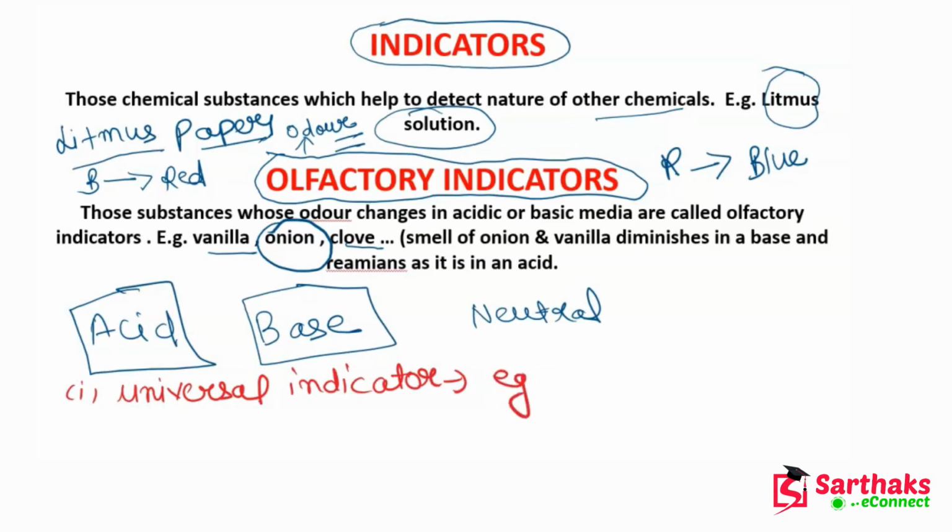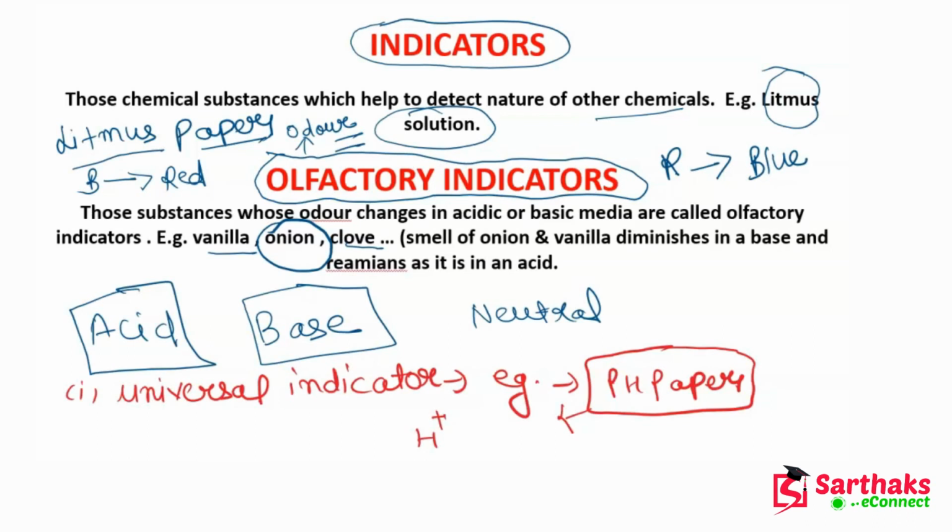Let's talk about the example. pH paper is an example of a universal indicator. Basically this pH paper tells us the strength of H plus ion, and we can simply determine what the nature of the chemical substance is.